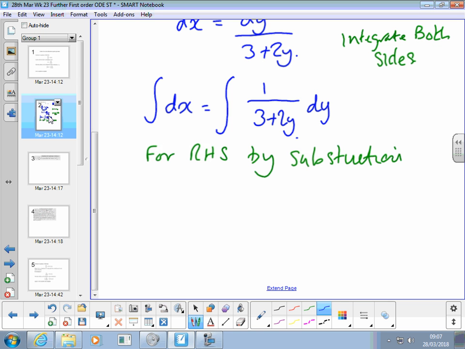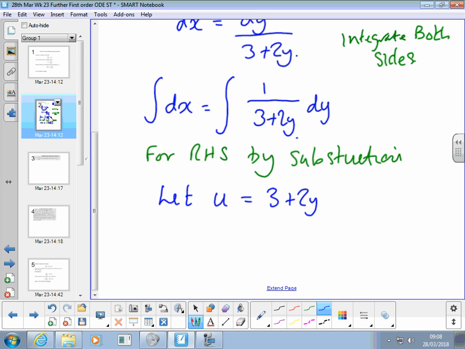You know how to pick it, but how does it work? This is what we've got to start getting off pat now. We look at that exam question and say, I need to do that by substitution, and this is how I do it. There's no formula for it, it's a method. I'll remind you, let u equal 3 plus 2y.